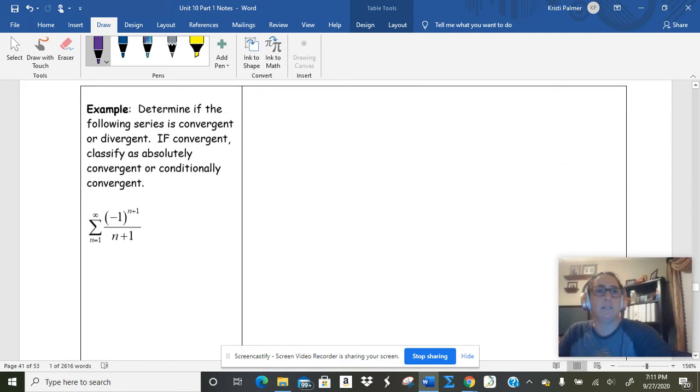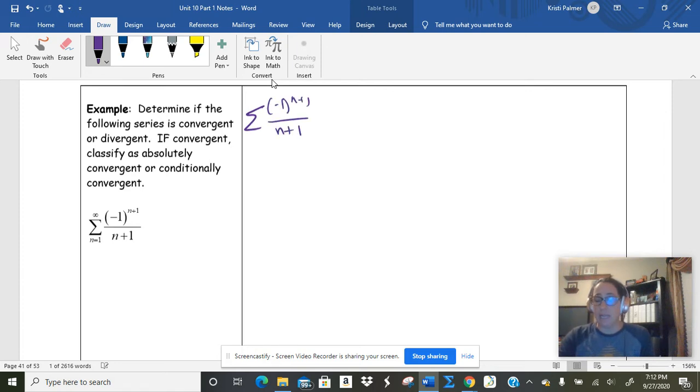Okay, so let's look at this first example. It says determine if the following series is convergent or divergent, and if it's convergent, classify it as absolutely or conditionally. Okay, so let's look if the series even converges. I know I want to use the alternating series test, so let's plug some things in. I plug in 1, and I get 1 over 2.